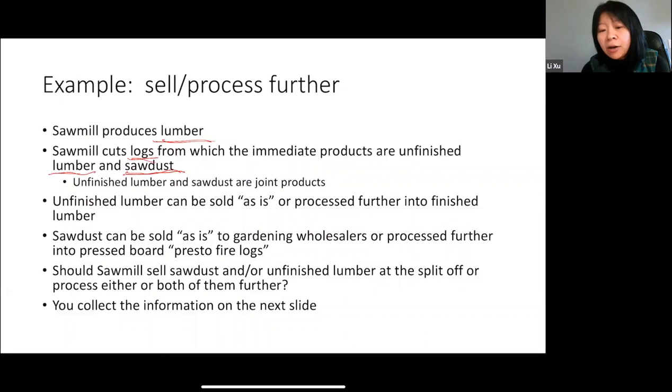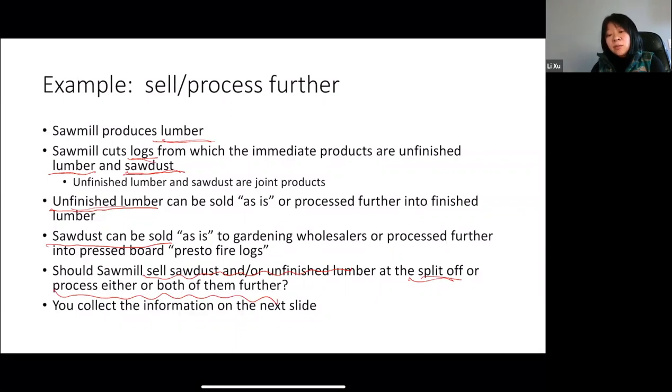So they can sell at this stage, or they can continue. So the question is, should they just sell at the time when they can split, or should they process further to the next stage?